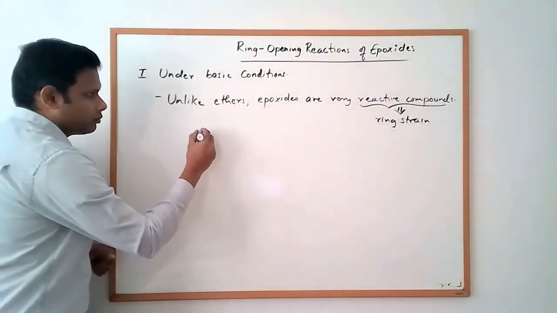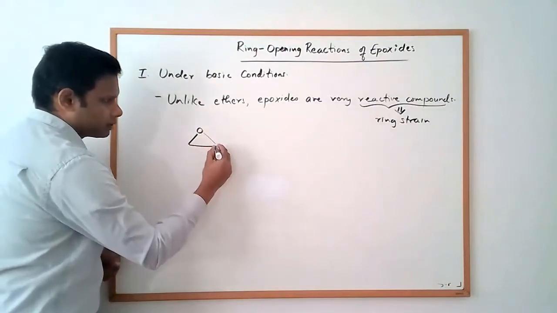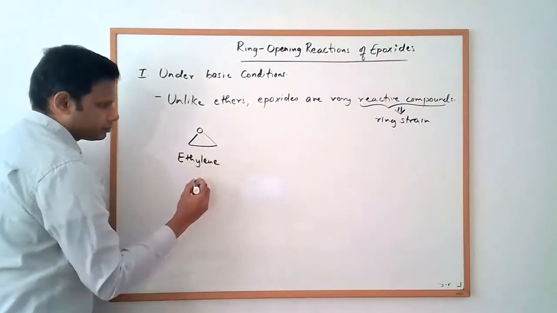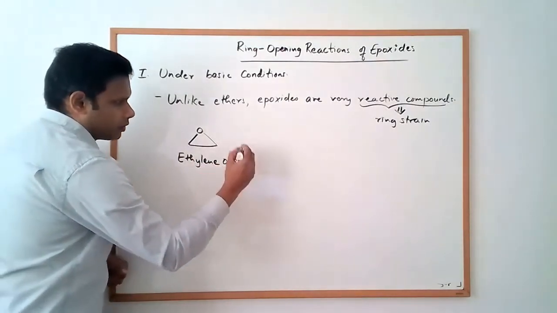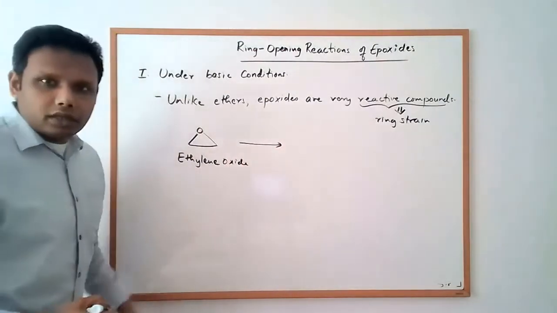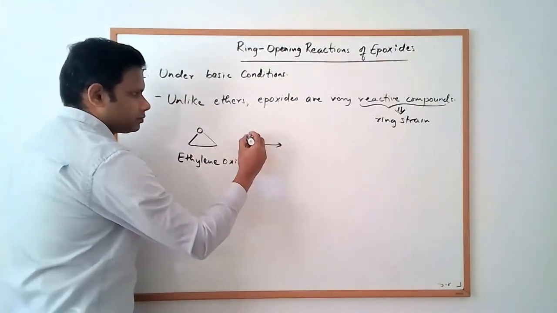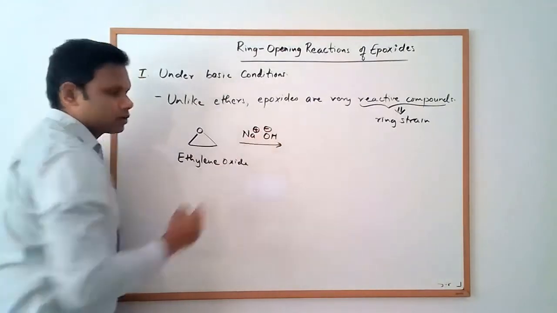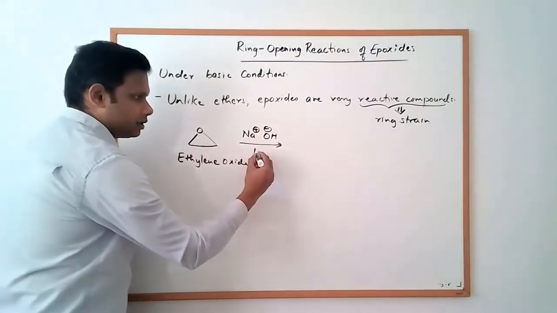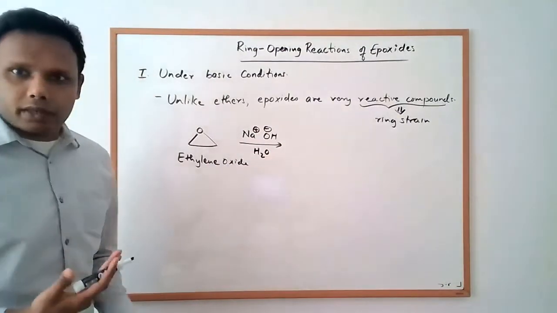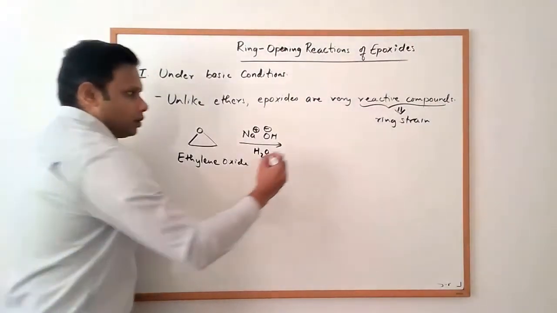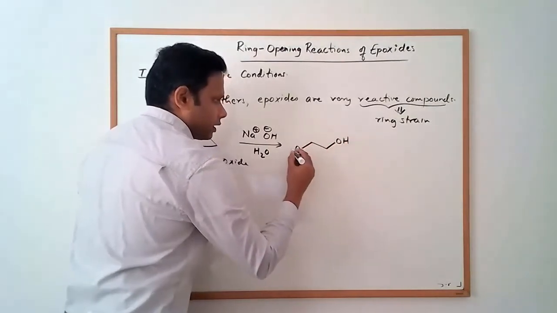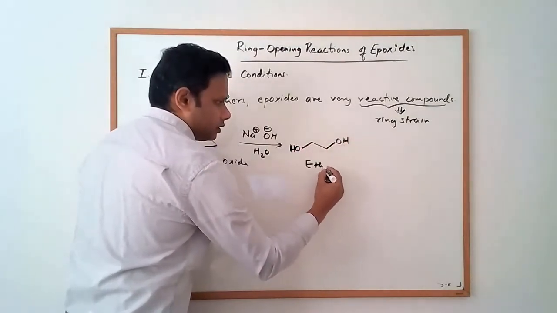If we have the simplest epoxide possible, which is ethylene oxide, and you react ethylene oxide with the simplest base possible, sodium hydroxide, in water as a solvent, our product is ethylene glycol.